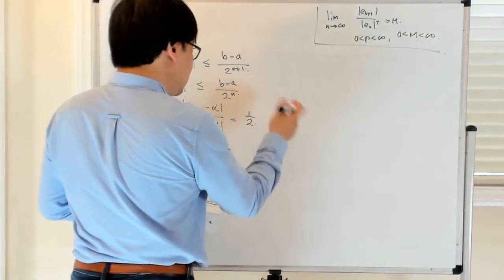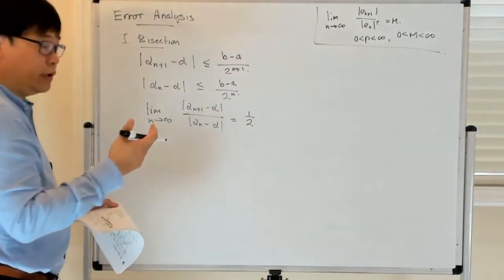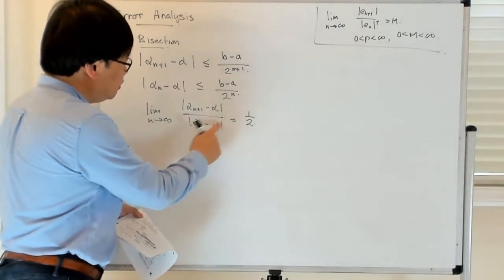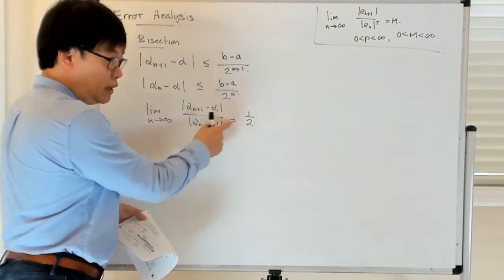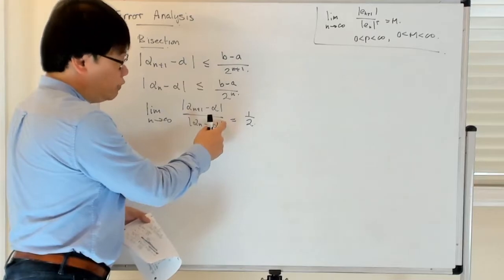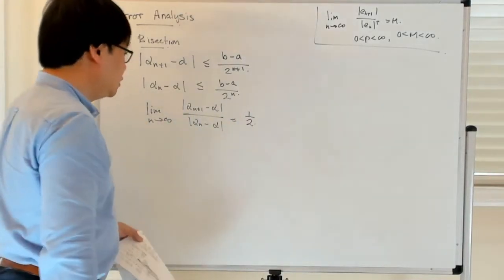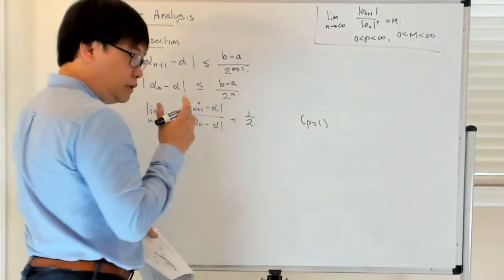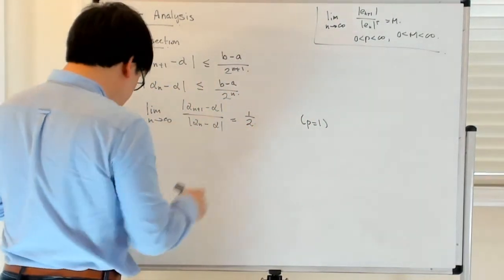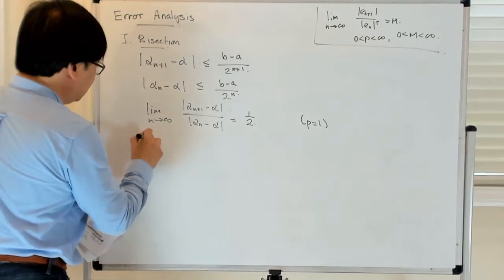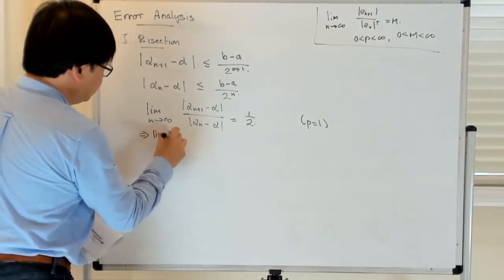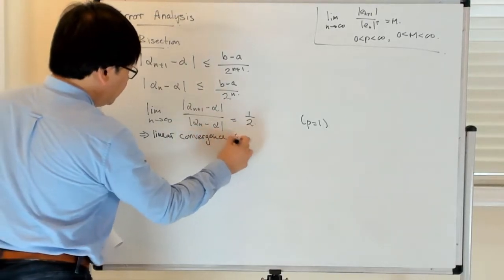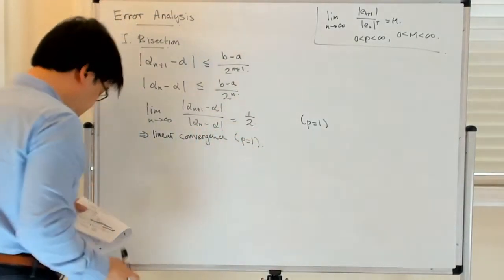Right, so the limit m is 1/2, and if you recall, specifically when p is equal to 1, which is the case here because the denominator is only raised to the first power, the limit has to be between 0 and 1, which indeed it is, so this gives you what is called linear convergence. Okay, so p is equal to 1 here.